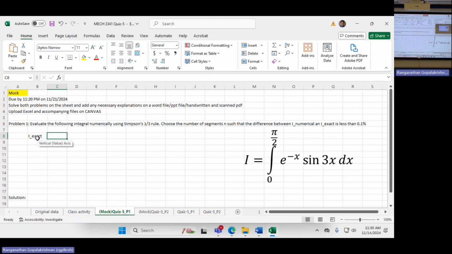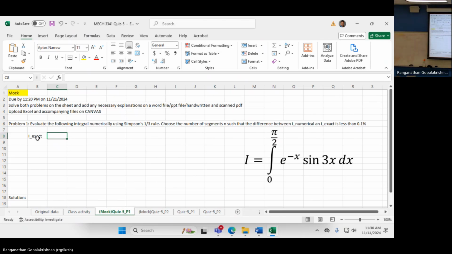I'll draw the figure here. Okay. So Simpson's 1/3 rule.